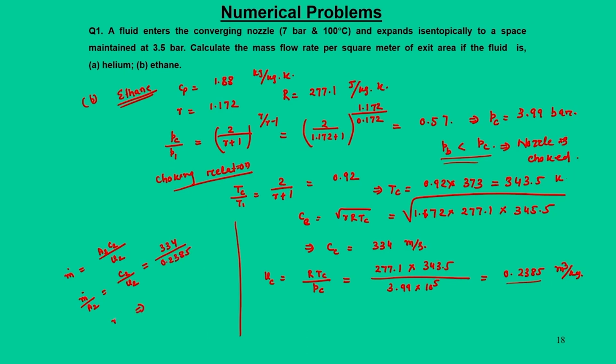So, m dot by A2 is 1413 kg per second per meter square. So, when the nozzle is choked for ethane gas, we find the mass flow rate per square meter of the exit area is 1413 kg per second per meter square.